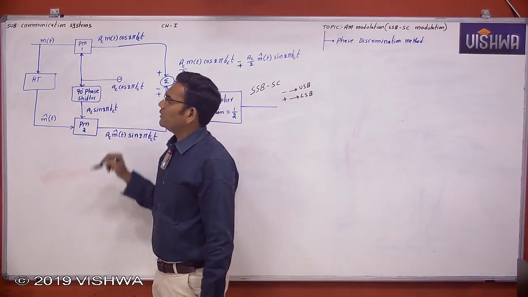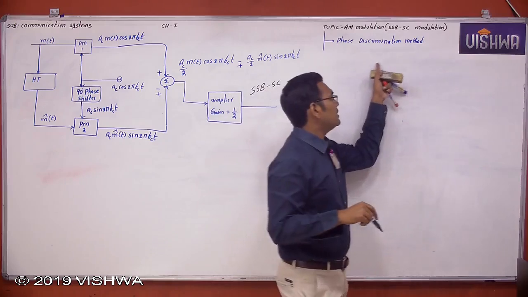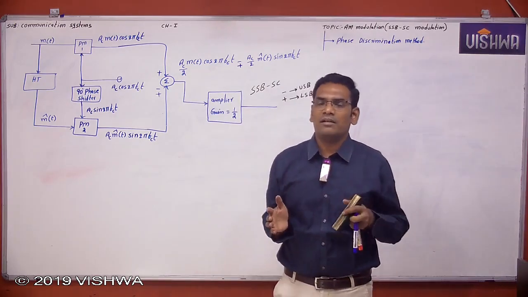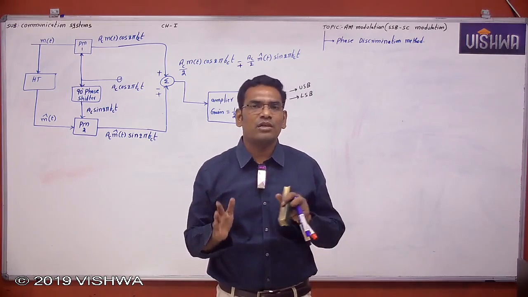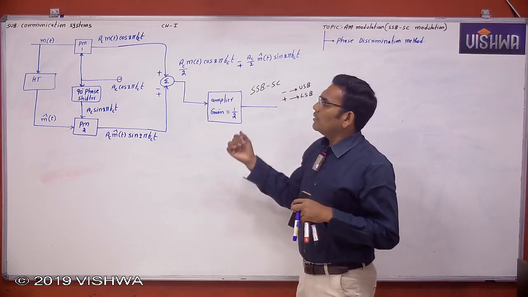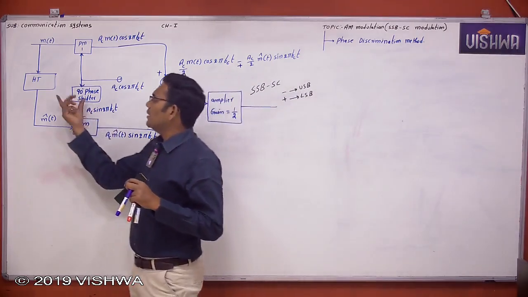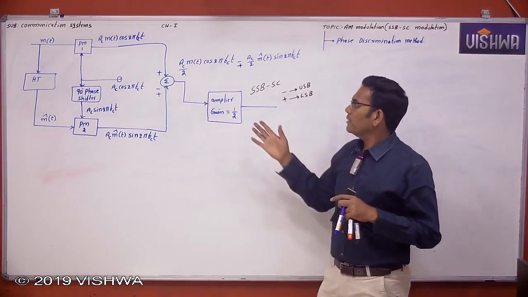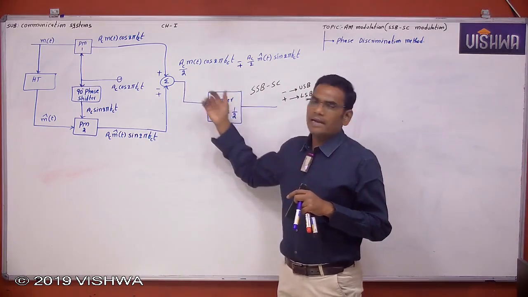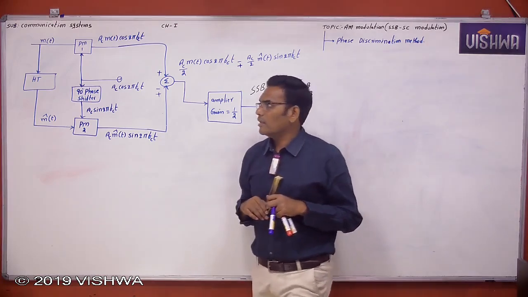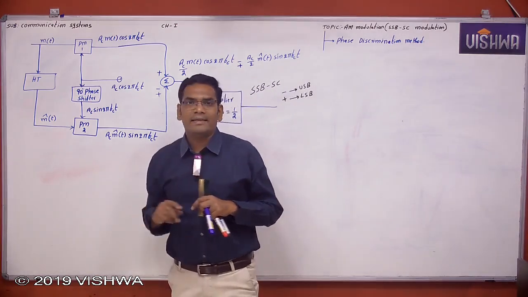Therefore, this method is the phase discrimination method. Here there is no need for a filter, no sharp cutoff frequencies, no transition bands. All these things are not required. Using these two phase shifters, appropriate product modulators, and an appropriate adder or subtractor circuit, you can get an SSB-SC signal. This is another way to generate an SSB-SC signal.